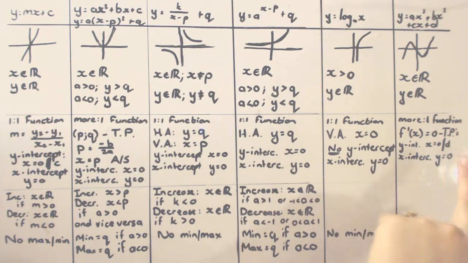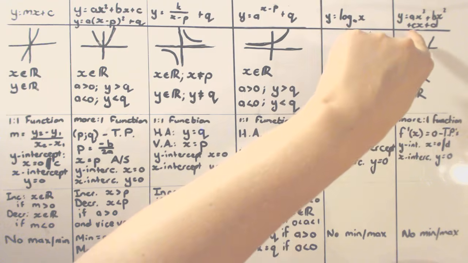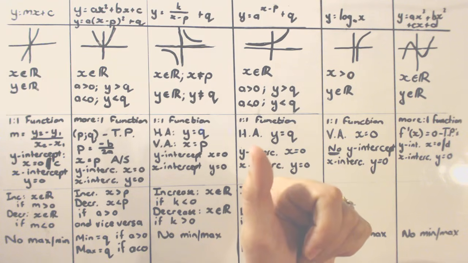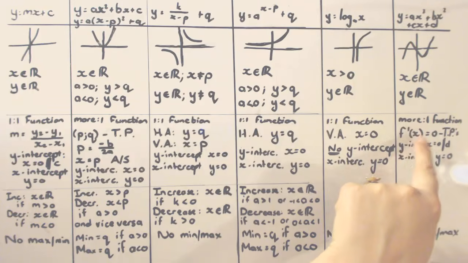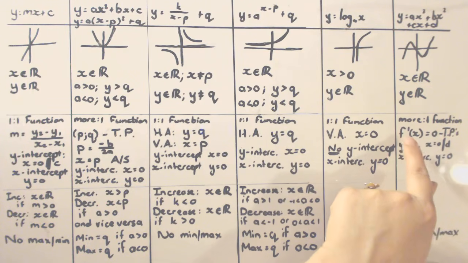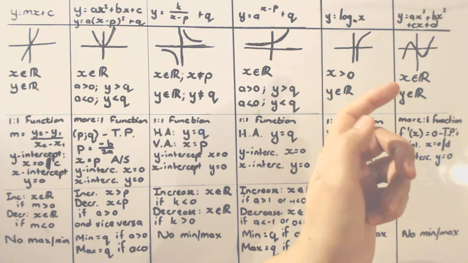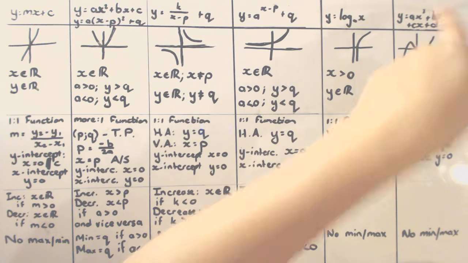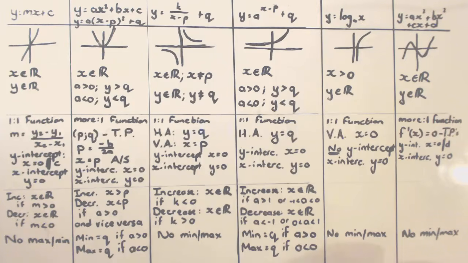And then for the quadratic function, there are 2 turning points, and I can find those turning points by finding the differential of the function. So the first differential of the function, and if I make that 0 and solve for x, I find the 2 x values of my turning points, and then I substitute into the function and find the corresponding y values.